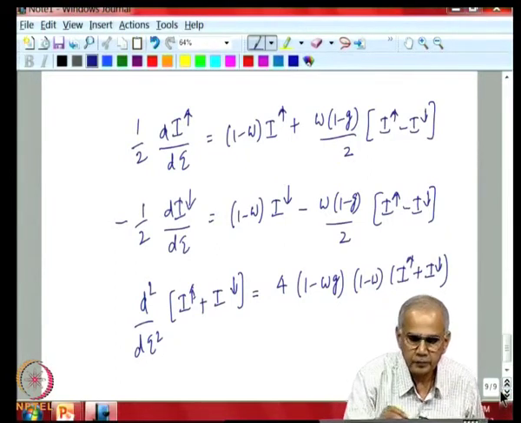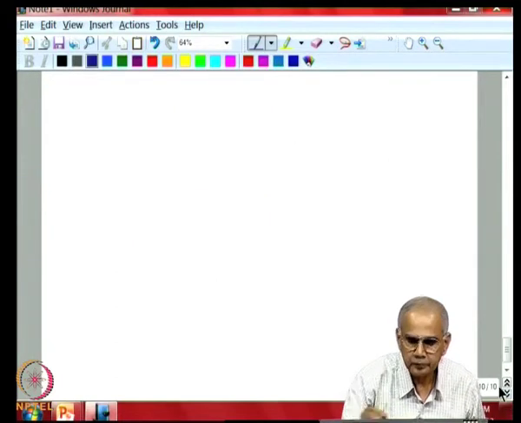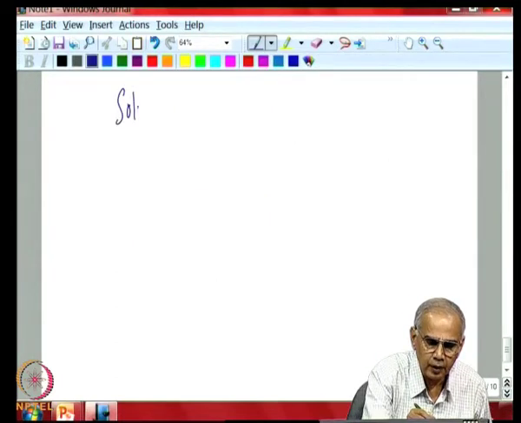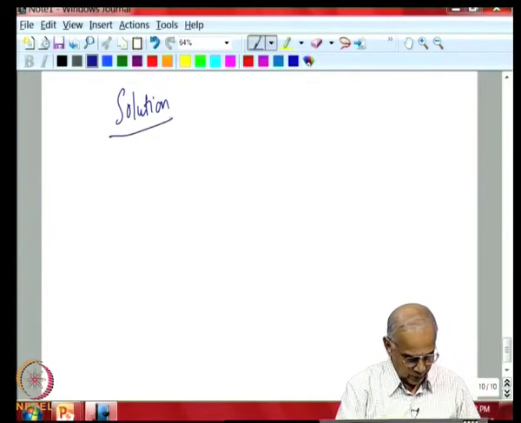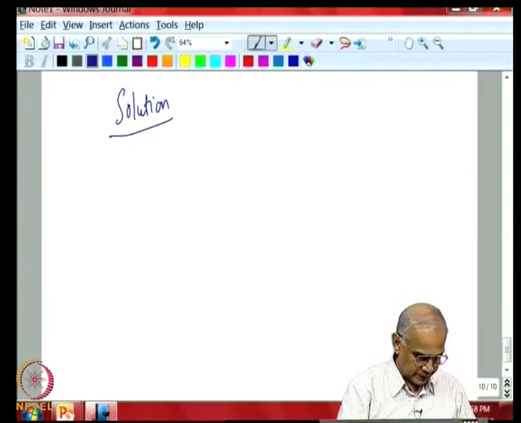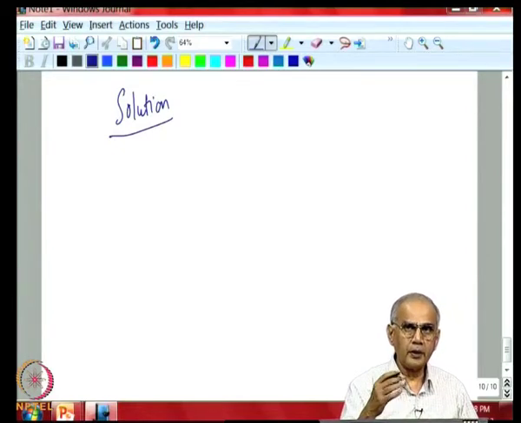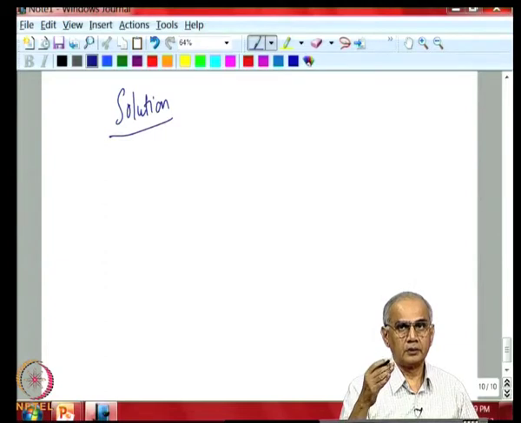So, the solution of the above equation, a part of it we have done earlier when we dealt with isotropic scattering. Now, we are dealing with scattering which is not isotropic, because there is an asymmetry parameter which is not equal to 0.